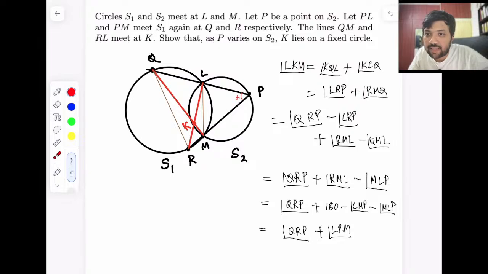Claim by angle chasing LPM is fixed. LKQ. Oh, LKQ is equal to LPM. Wait, but I am not getting LKQ. Oh, LKQ. Okay. I was looking at LKM, which is 180 minus LKQ, and 180 minus QRP minus LPM.